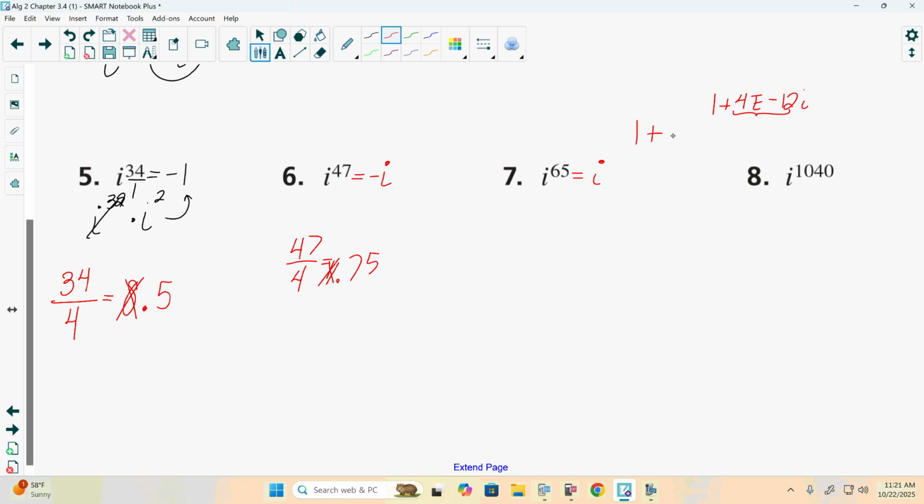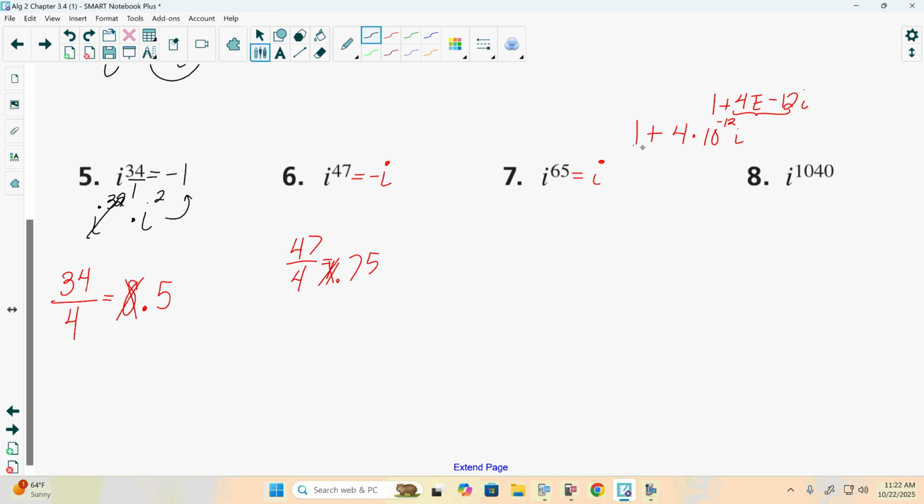Now, what the calculator is saying with 4e negative 12i, e in the calculator is understood to be 10. Because really what it's saying is 4 times 10 to the negative 12th i. That's scientific notation. Times 10 to the negative 12th means we're moving the decimal 12 spots to the left.